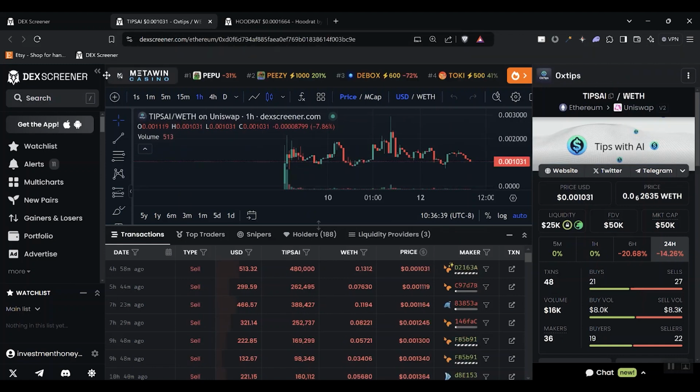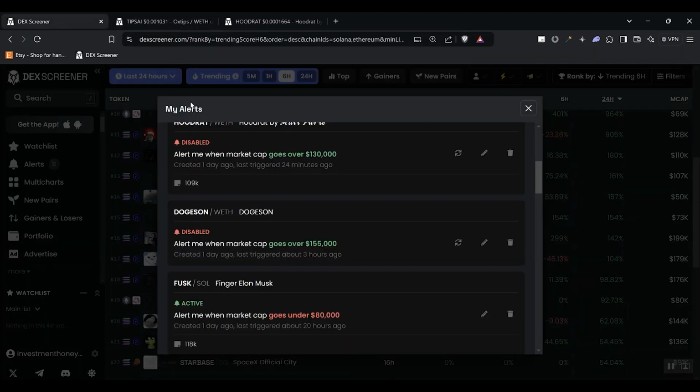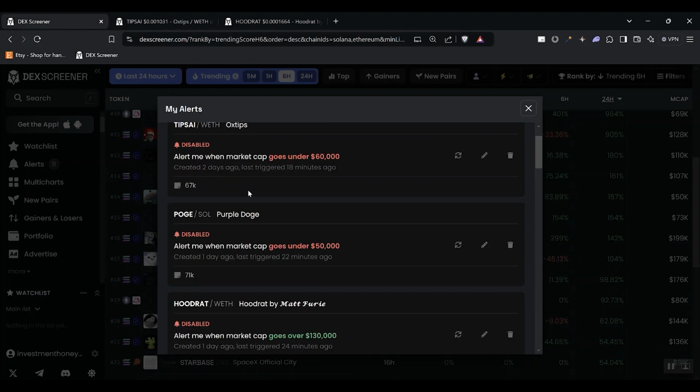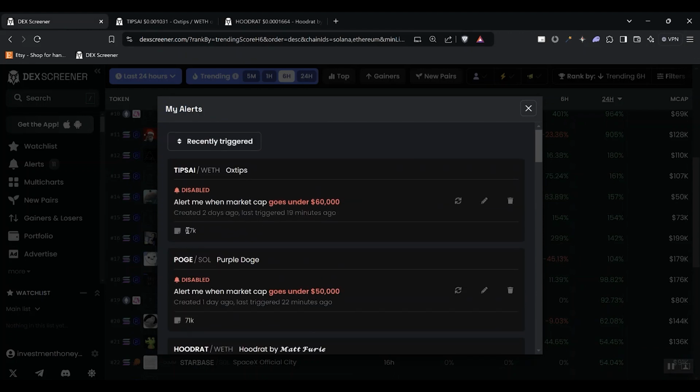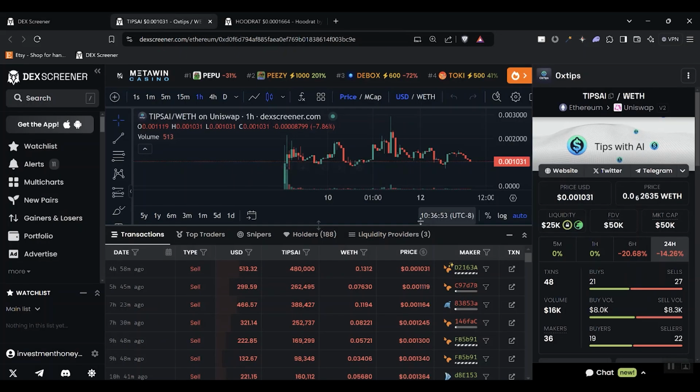Okay, Tips AI, this one I'm looking at. Let's see here, the trigger. We put it at 67. We wanted to be made aware, according to the alert, if it slipped under 60,000. Obviously the first time we looked at this, I told you I had reservations about this chart and I wasn't really sure where it was going to go, but I did think there would be retracement.